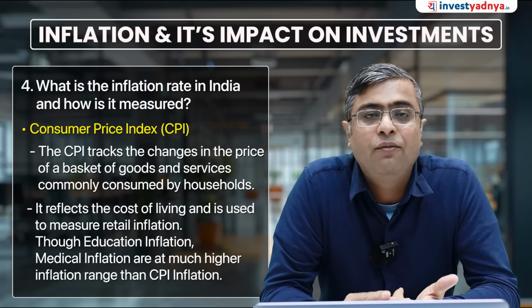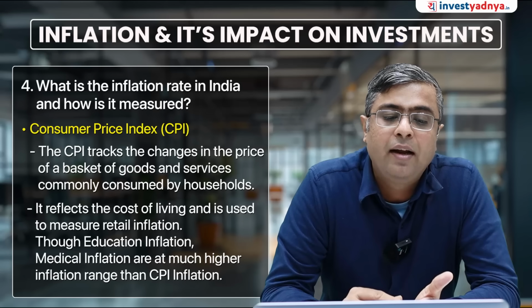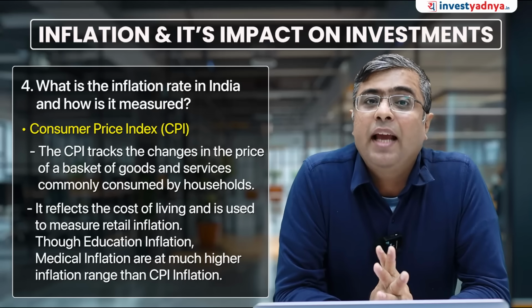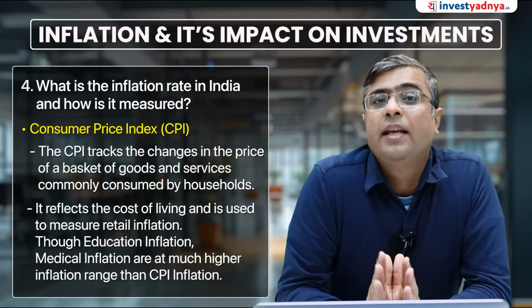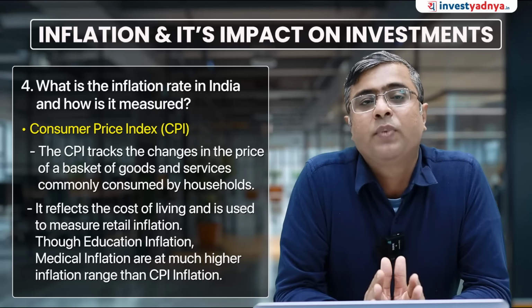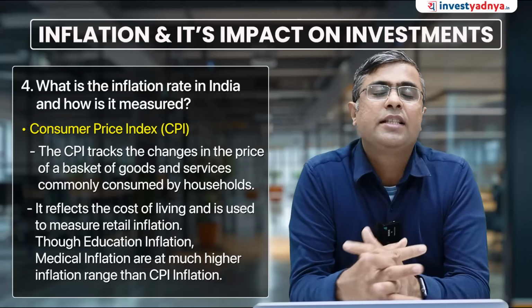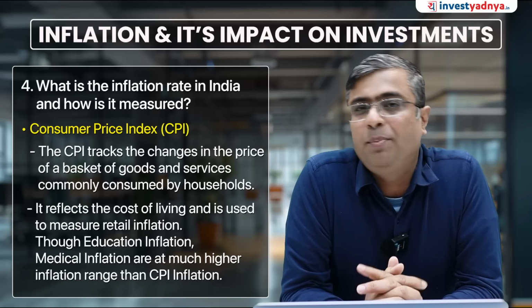Though education inflation and medical inflation are at much higher ranges than CPI inflation, they are not considered in the CPI inflation calculation. Now, in simple terms, how do we understand CPI inflation?